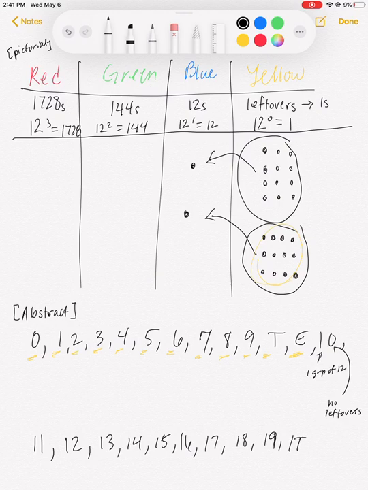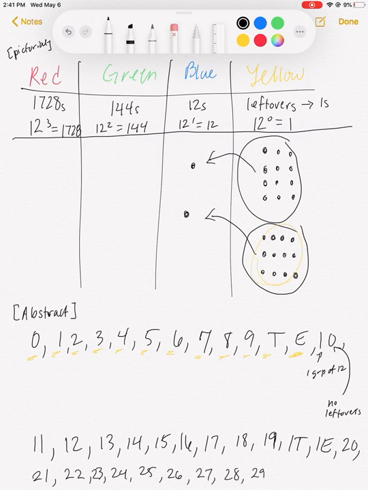So we go 1 T base 12, 1 E base 12, so I have 12 objects now, and now I can go to the 2 0. Okay, 2 1 base 12, 2 2 base 12, 2 3 base 12, 2 4 base 12, 2 5 base 12, 2 6 base 12, 2 7 base 12, 2 8 base 12, 2 9 base 12, not to 30 yet, but 2 T base 12, 2 E base 12, and then we get to 3 0 base 12.